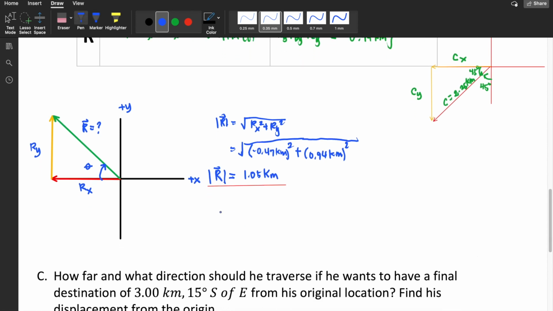Tangent function, or TOA, for the direction of the R vector.